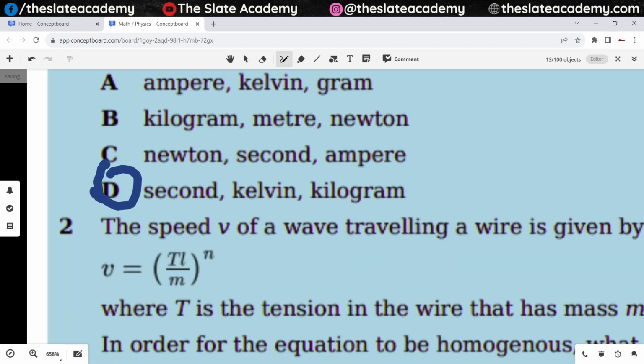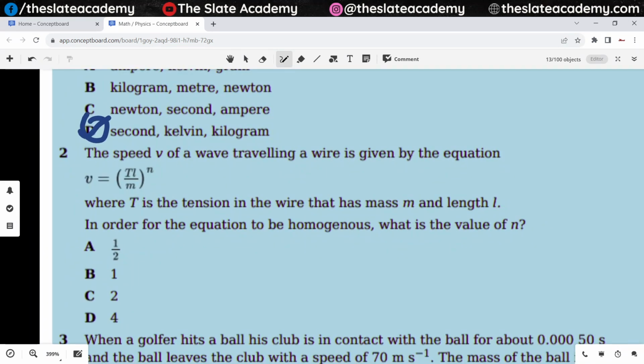Excellent. Question number 2. Any idea how we would solve question number 2?